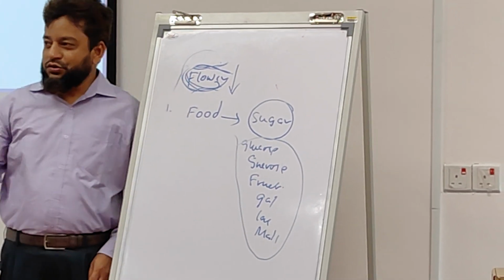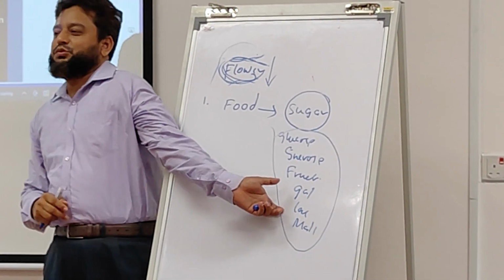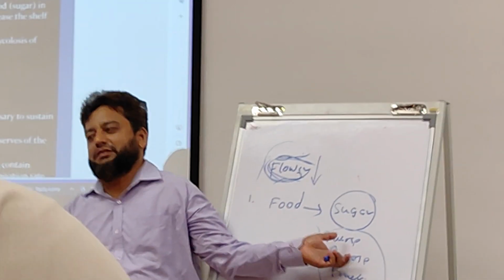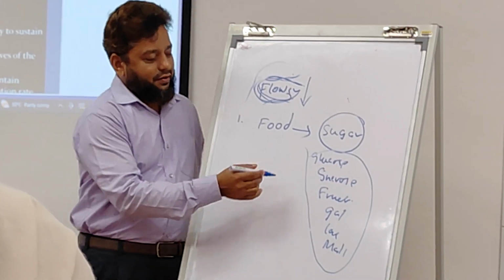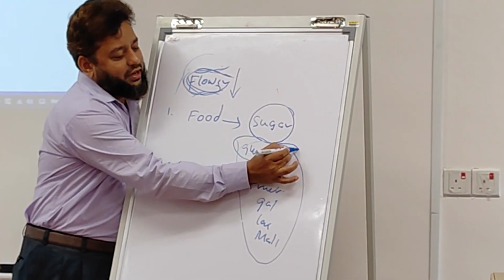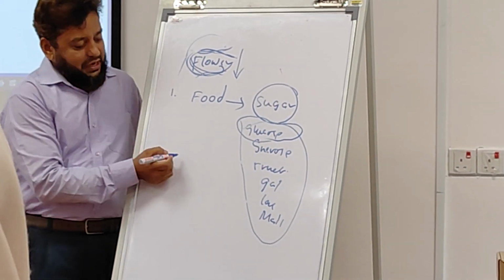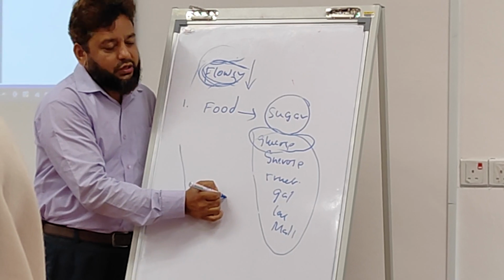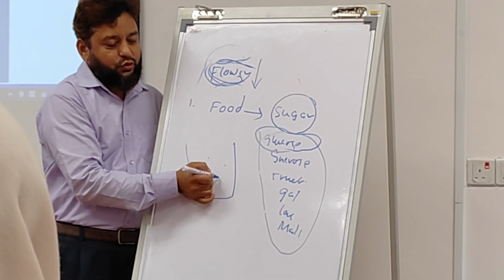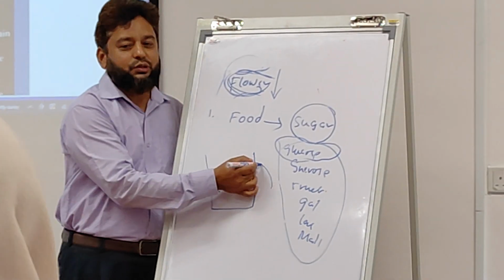Can you tell me which type of sugar is good for this flower? It means we need to give the flower glucose. So how do we give it? You need to take one pot, put some water in the pot, and in this water you give them sugar.